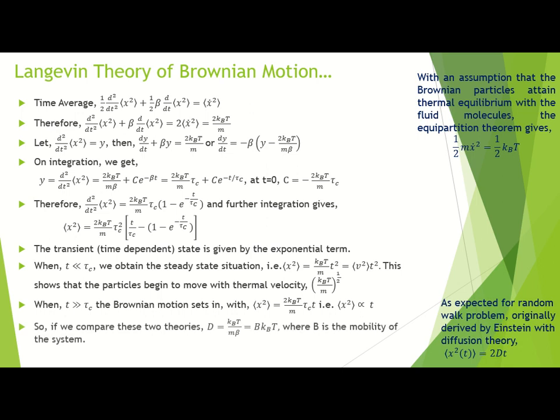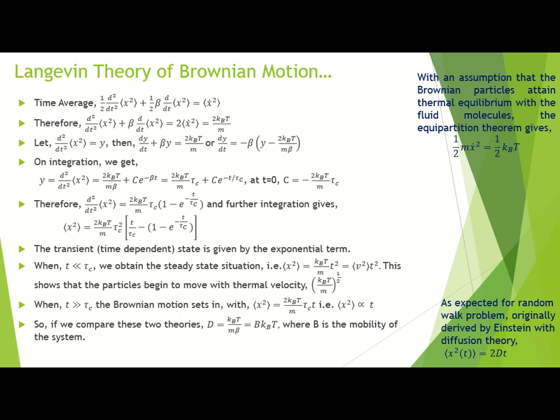This is similar to Einstein's model, and this actually gives you the expression for your diffusion coefficient in terms of kbT upon m beta. If you compare this relation with Einstein's model, you can express it in terms of b, where b is the mobility of the fluid.